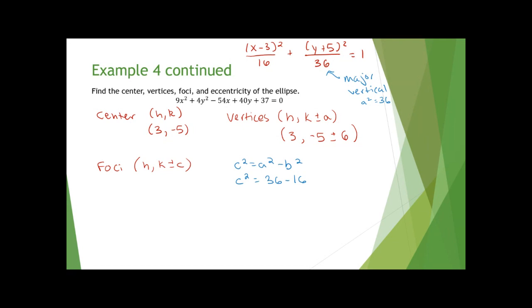So 36 minus 16 gives us c squared equals 20, which when you take the square root is the square root of 4 times 5, which is 2 square root of 5. So now that we have c, our foci are 3 comma negative 5 plus or minus 2 square root of 5.